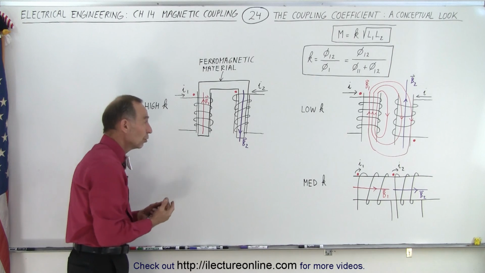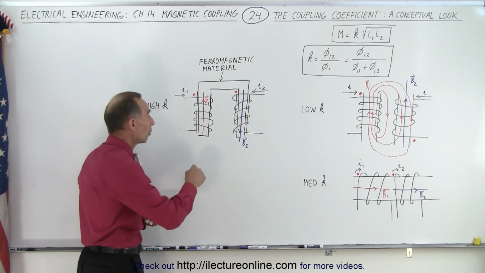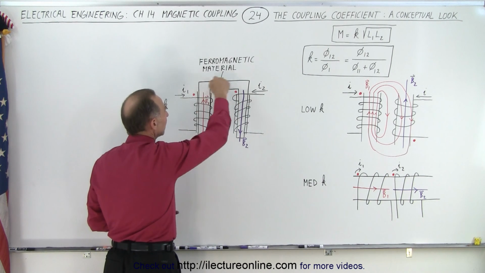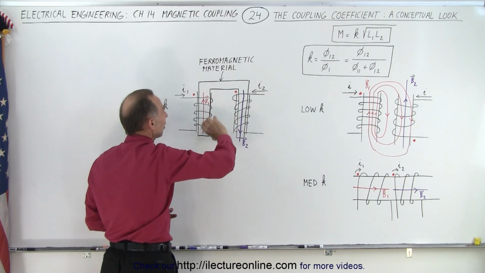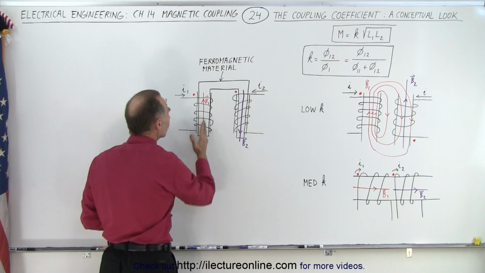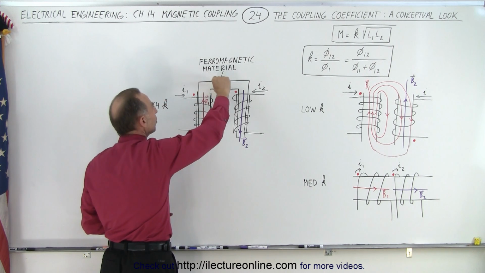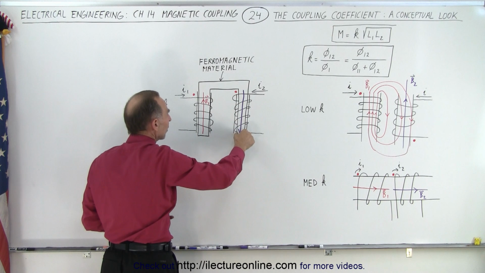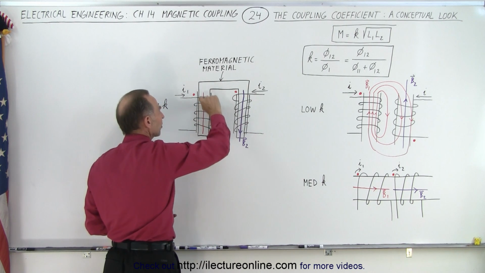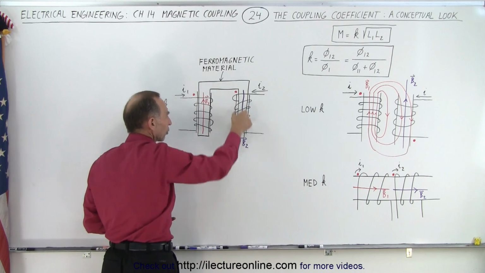And then finally, like in the case of transformers, we'll actually put some sort of ferromagnetic material in kind of an L shape like this, so that just about all of the magnetic flux that goes through the coil right here will be moved to this direction right here, and will cause this magnetic flux to exist in the other coil as well.